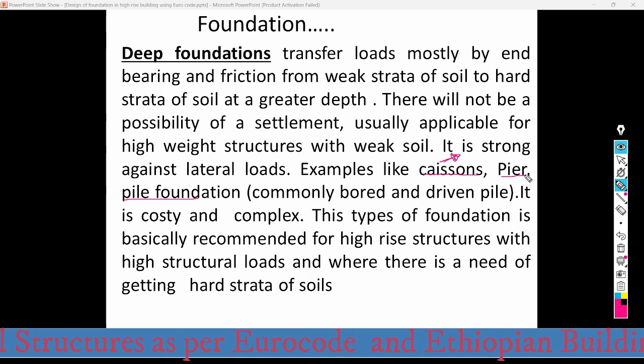The pier is basically used for bridges, and the pile foundation is basically used in a place where there is no water. So the difference between pile and pier is that piers are used for structures located in rivers, and piles are used for structures out of the water.